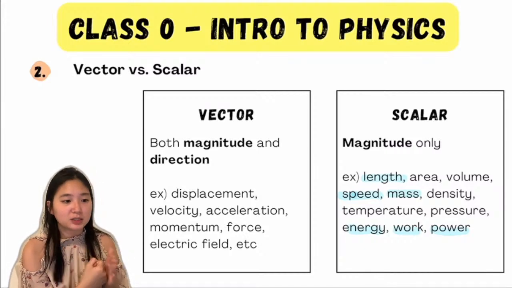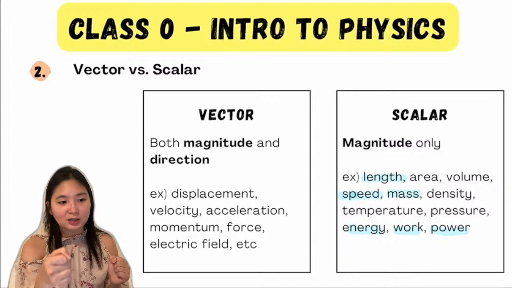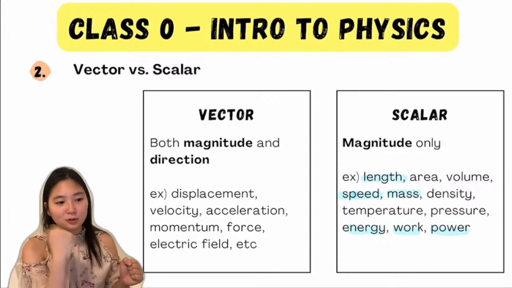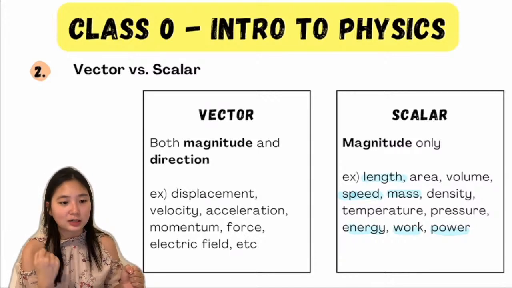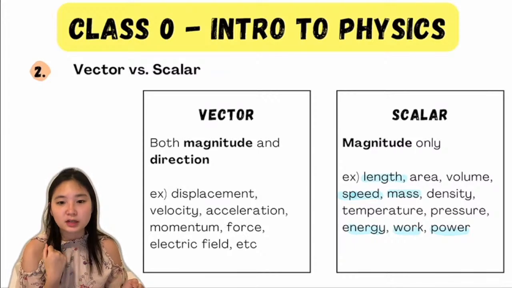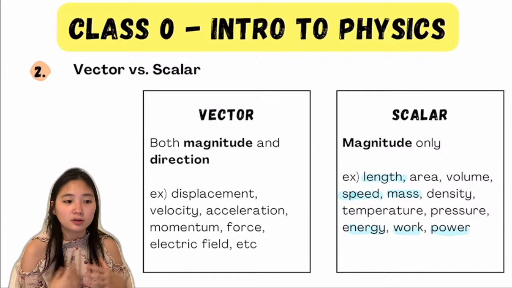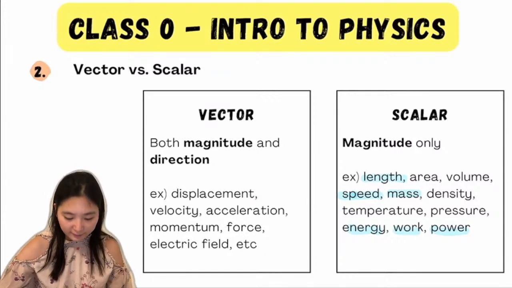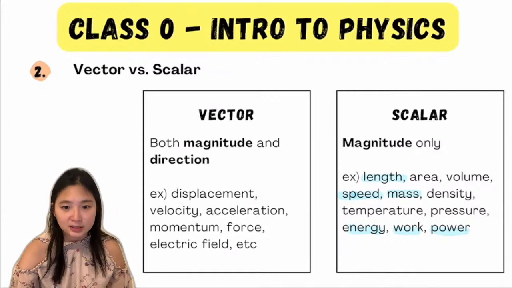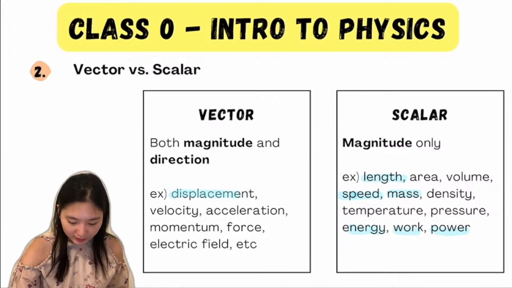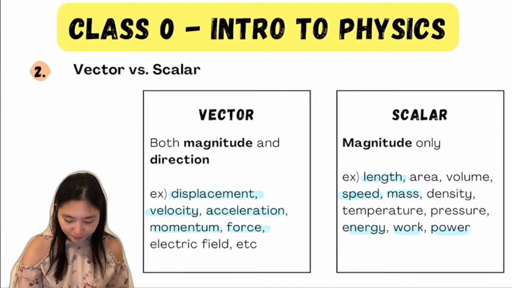So there must be a specific direction. Either you're punching them this way or this way or this way. There must be a specific direction that comes with the force. So force is also a vector. And then the electric field, magnetic field, etc., a lot of other physical quantities are vectors. But again, in AP Physics 1, we only deal with displacement, velocity, acceleration, momentum, and force.